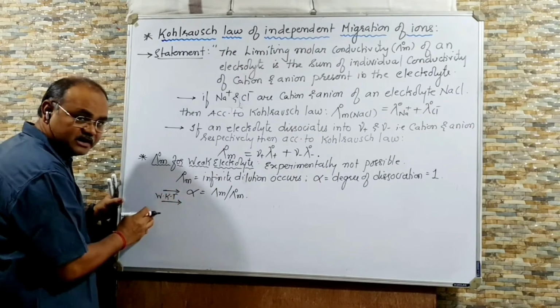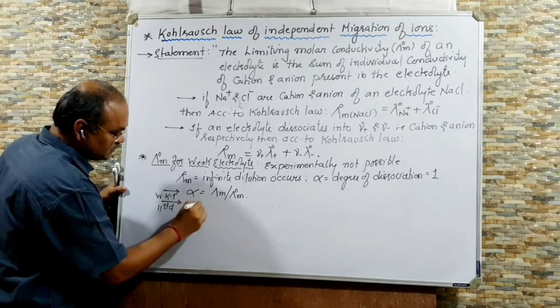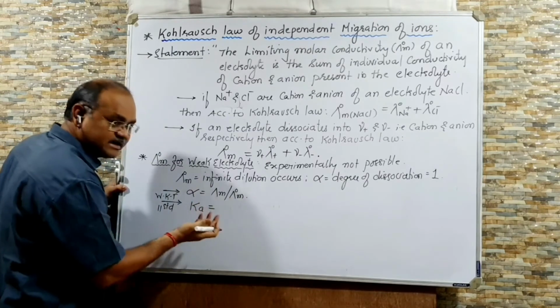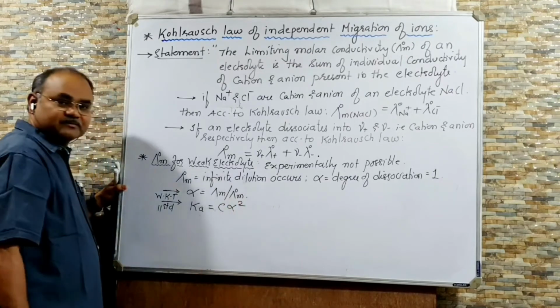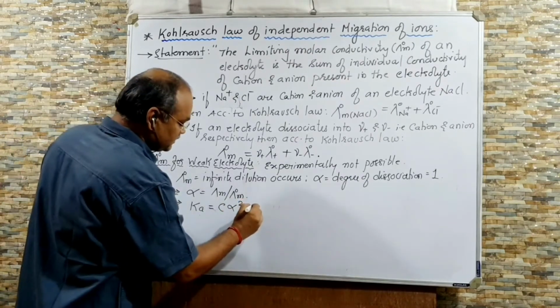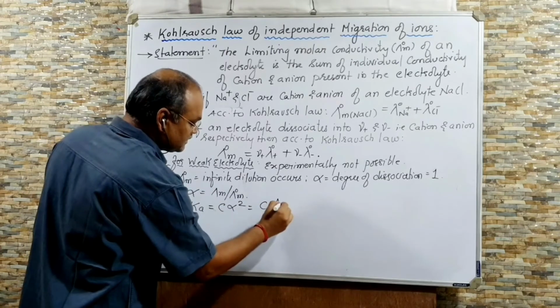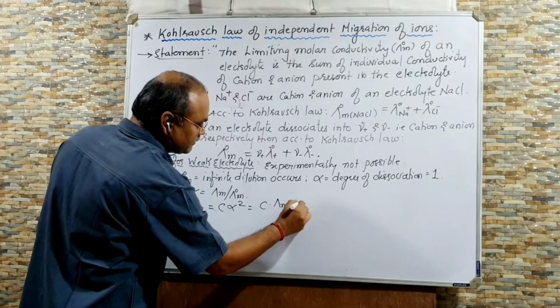Now we know, because you have studied in 11th standard, what do you know? Ka, acid dissociation constant, or Kb, base dissociation constant, is equal to C alpha square divided by 1 minus alpha. Put the value of alpha: alpha is lambda m upon lambda 0 m.